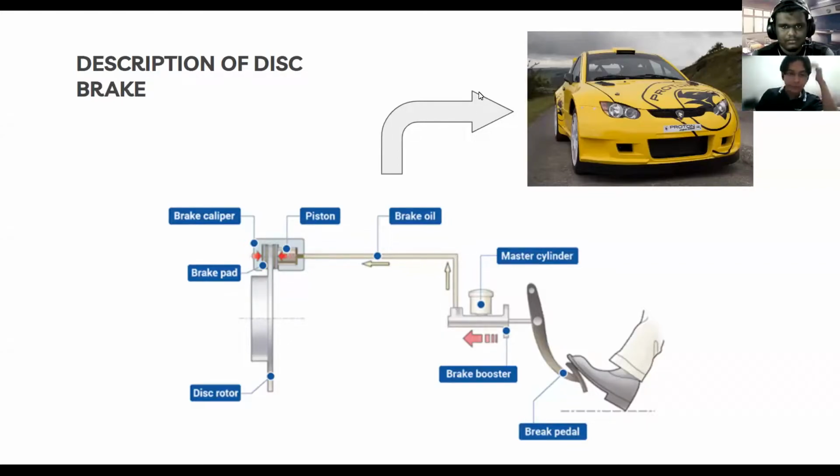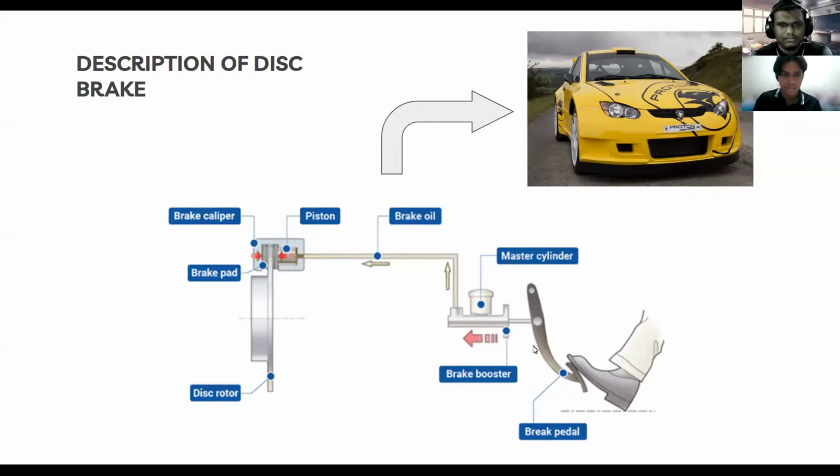When the driver presses the brake pedal, the brake booster amplifies the force and the master cylinder converts it to hydraulic pressure. The pressure is transmitted to the brake on the wheel via brake oil through the line. The pistons on the four-wheel brake are pushed by the delivered pressure.